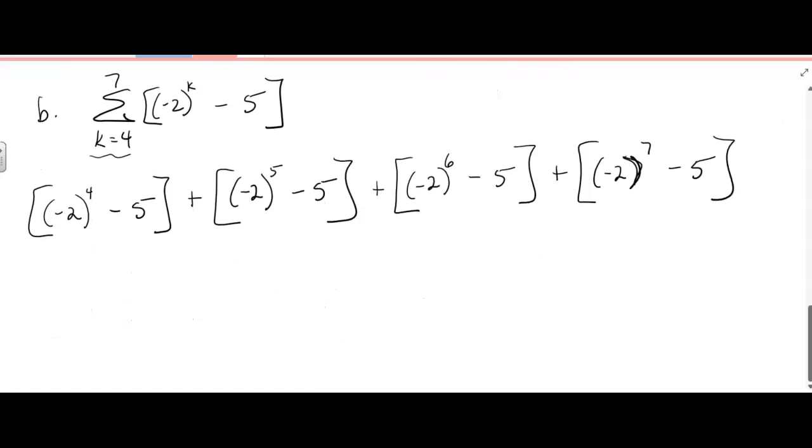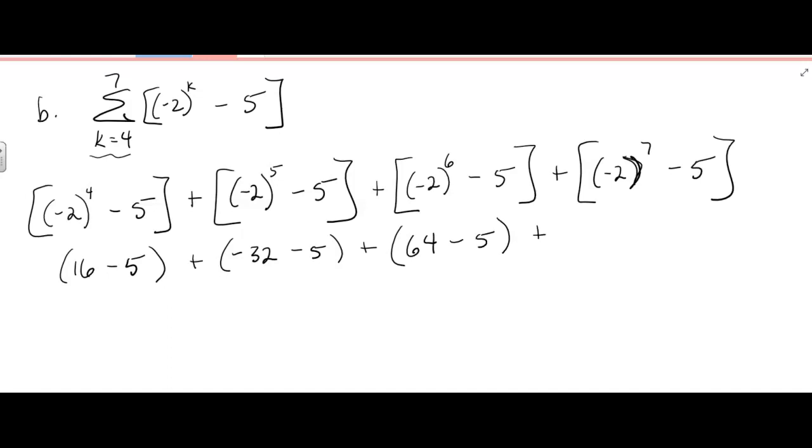Okay, so now I have to figure these out. I have to figure out each term. So this is 16 minus 5 is that one. And then this is going to be negative 2 to the 5th is 32. So it's a negative 32 minus 5. And then this one's going to be a 64. It's positive, minus 5. And then this one's going to be negative 128.